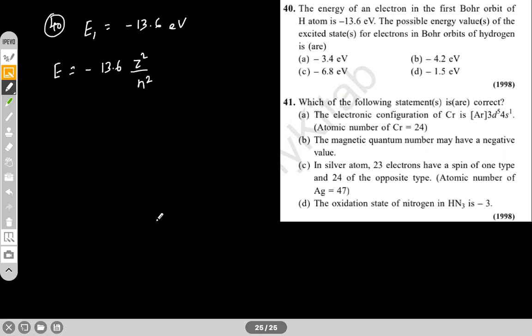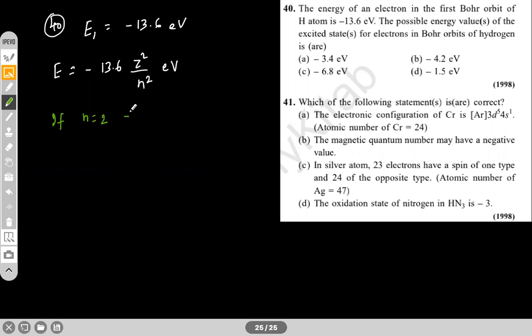This is the formula we have in electron volt. Now it is for hydrogen atom, right? So Z we don't have to think about because it is one only. N can be 1, 2, 3, anything, right? So if N is 2, we have to check this one by one.